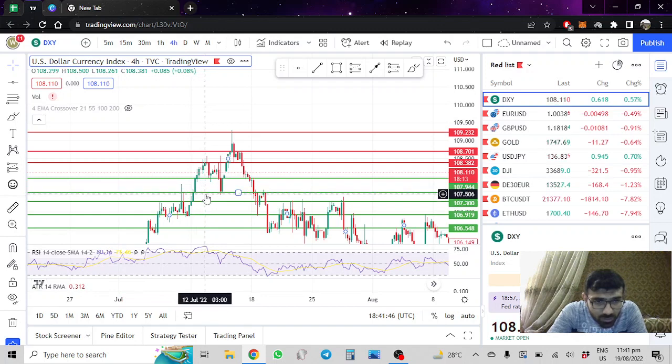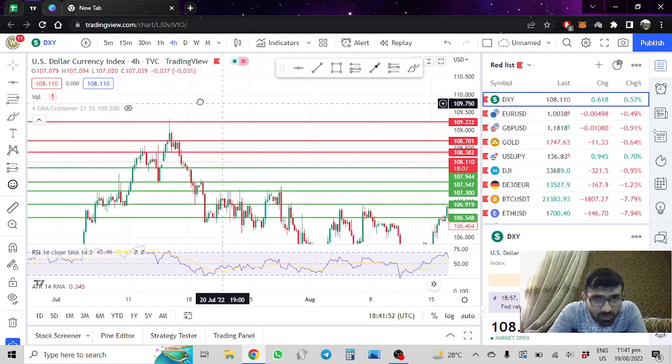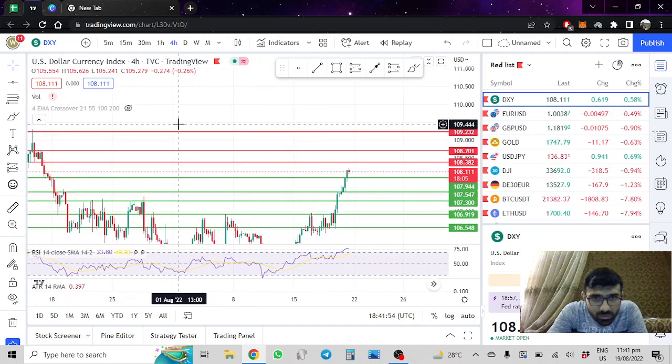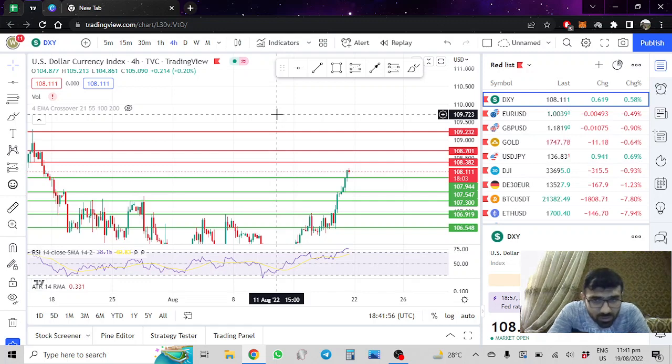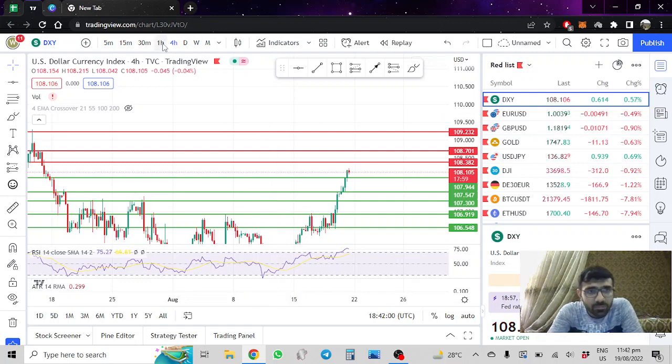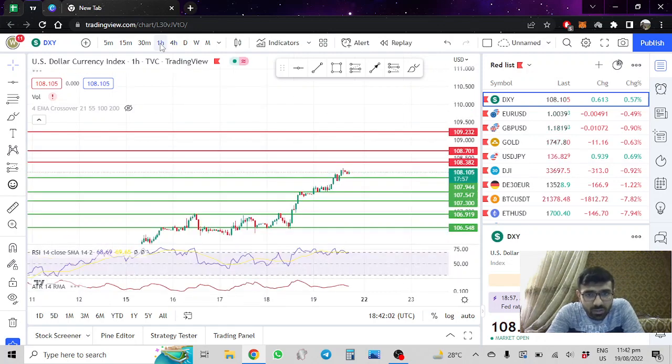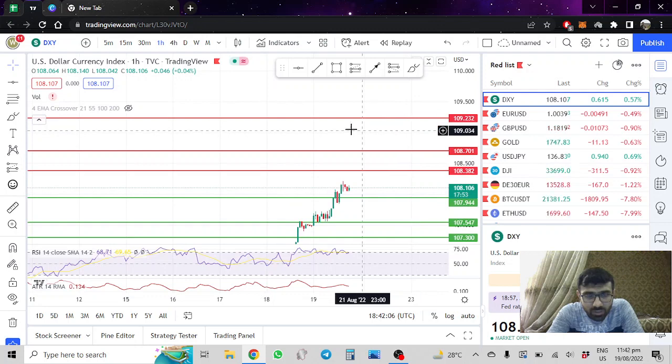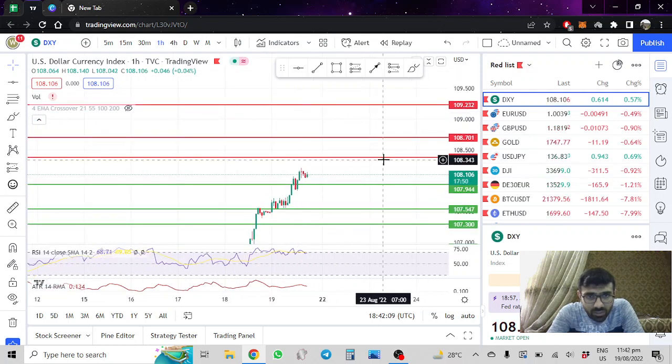The market went up to 80, and then it again went up to 72 when it broke everything. So it still has potential to go up. In the 4 hour, the RSI still has good potential. In the 1 hour, we will be looking at several buying scenarios.